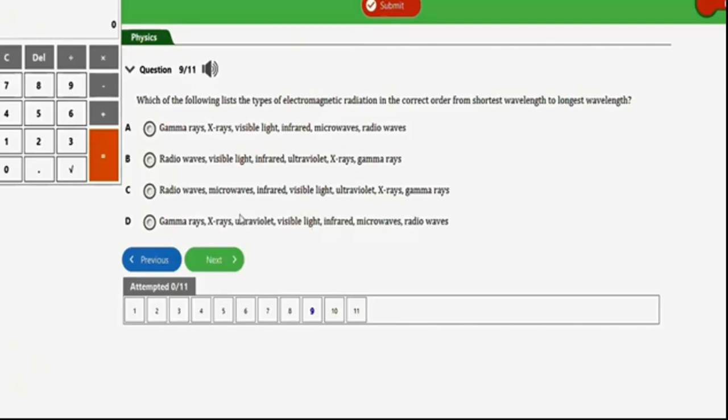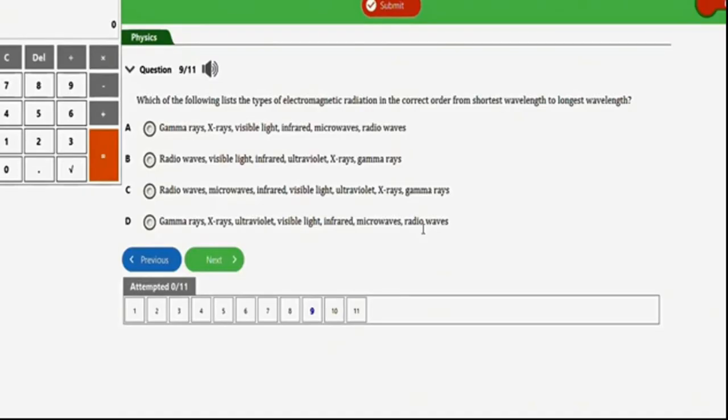Alright, so when you are going from gamma rays to radio waves, this order we have here is correct. Okay, so radio wave here is the highest, so the least here is gamma rays. After gamma rays you see X-ray, you see ultraviolet ray, you see visible light, infrared, microwave, and radio wave.